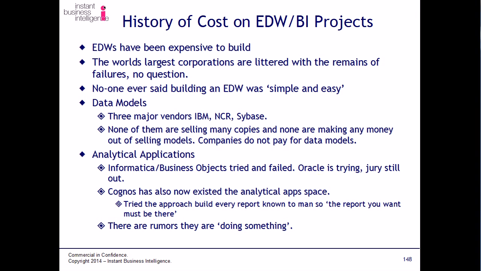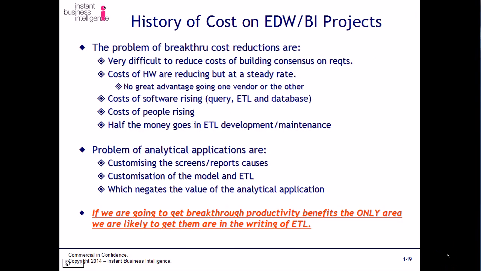Data models never made any money for anybody. Analytical applications, Informatica and Business Objects tried and failed. Oracle is still trying. Cognos, being IBM Cognos now, but let's call it Cognos so you know, has also now exited the space, and there are rumors that others are doing something, but analytical applications kind of went nowhere.